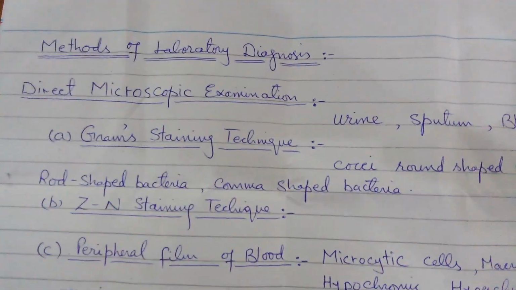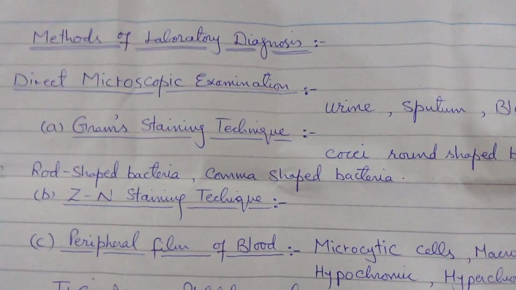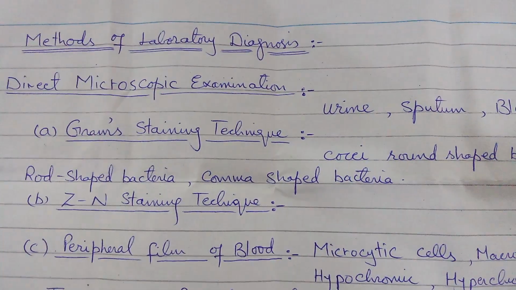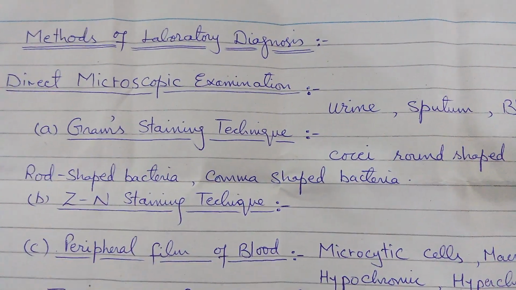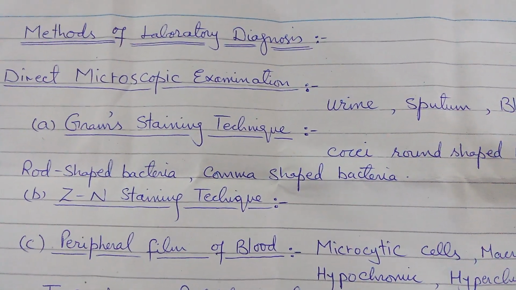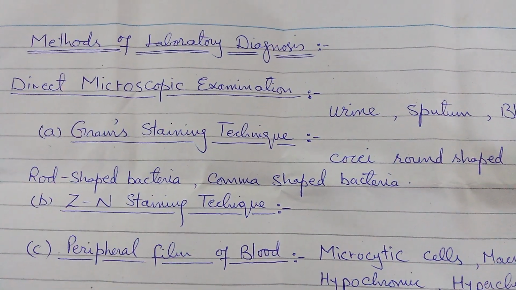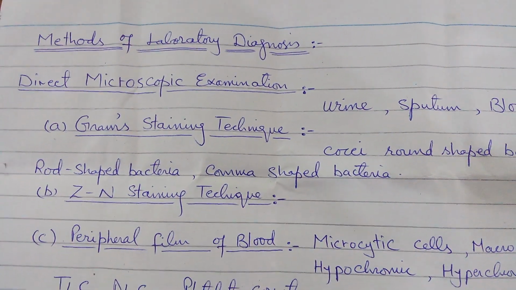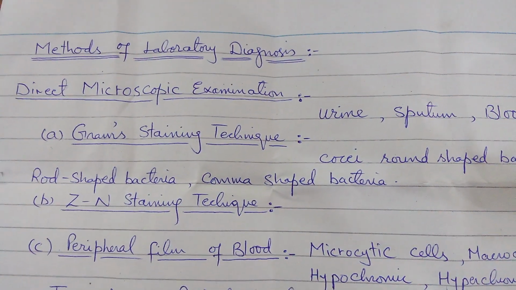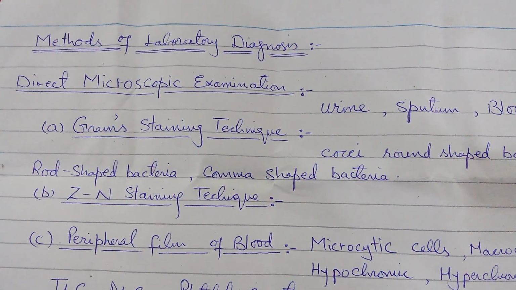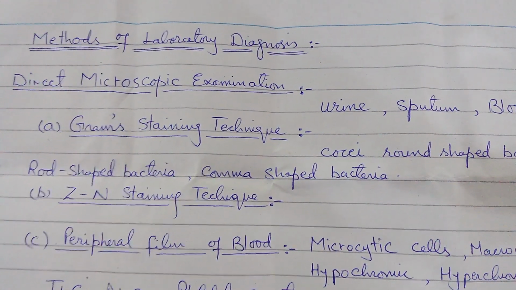First of all we have methods of laboratory diagnosis. In these methods we have direct microscopic examination. In direct microscopic examination we have two types of staining techniques: Gram's staining technique and ZN staining technique.